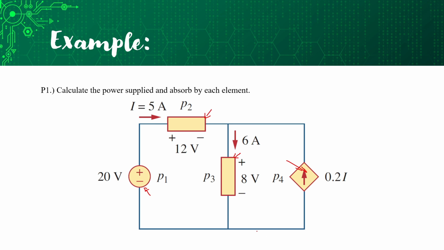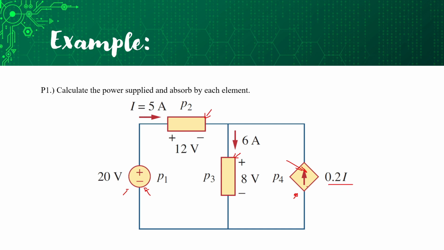We have here a dependent source, an independent source, and a dependent source. So what type of dependent source is this? To identify the type of dependent source, check the symbol and the equation that is given, or the condition.